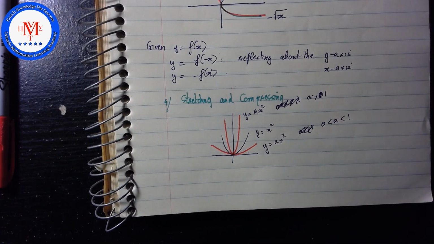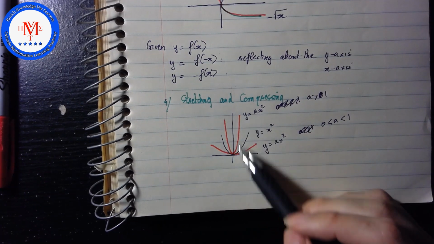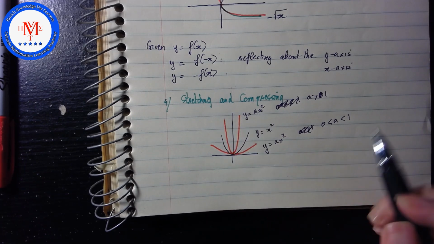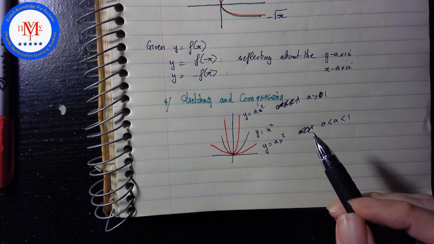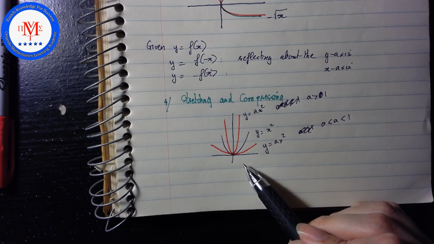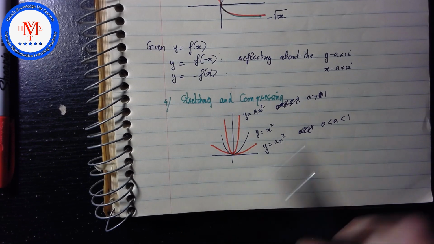So for the vertical stretching, what we do is we just keep the x component. However, the y component will be stretched by the factor of the a value right here.